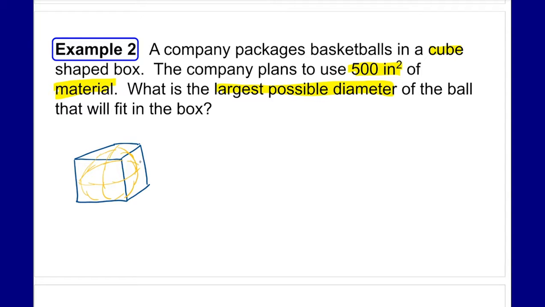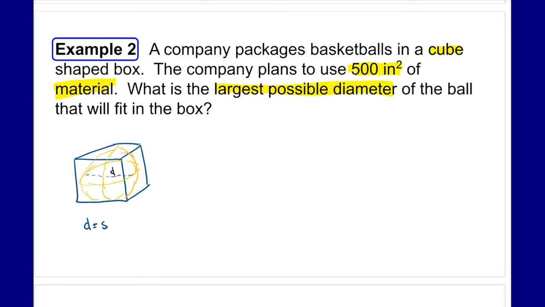So I have my basketball inside that box. The diameter of the basketball is actually the same as the measurements of our box. So the diameter in this case would equal the side length of our box. So if we can find the side length, we can find the diameter of the ball.